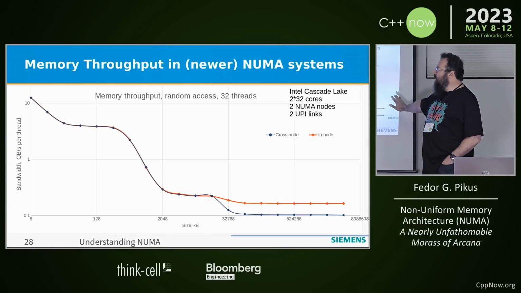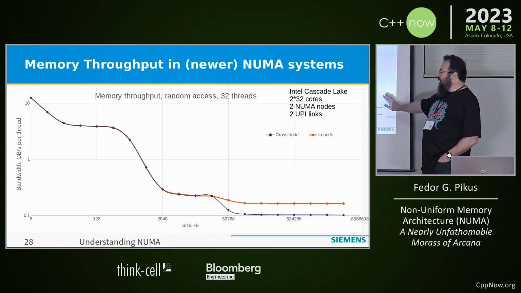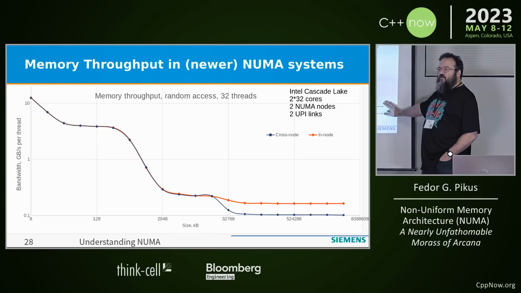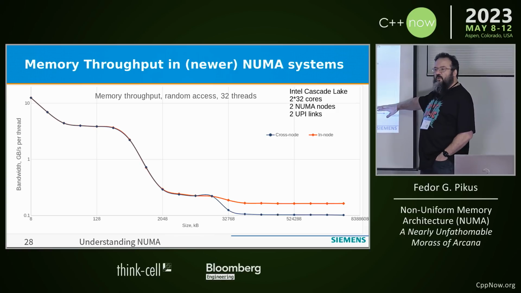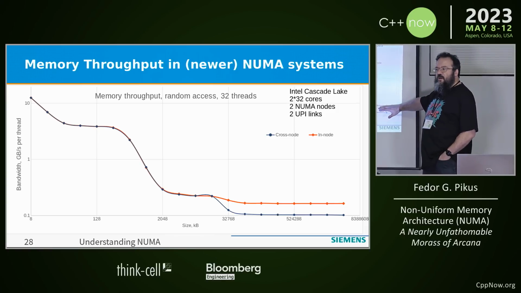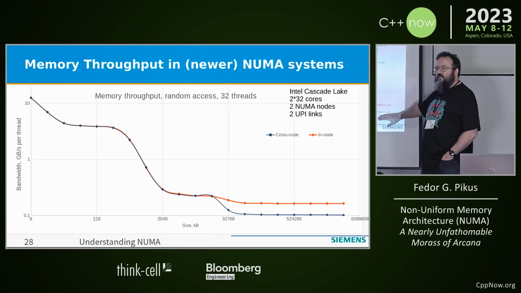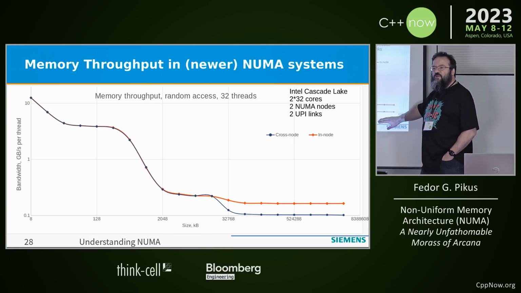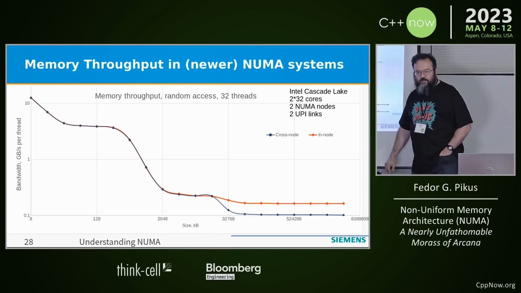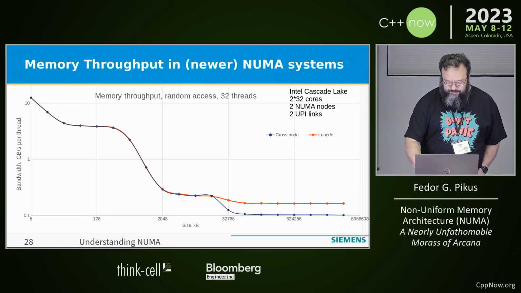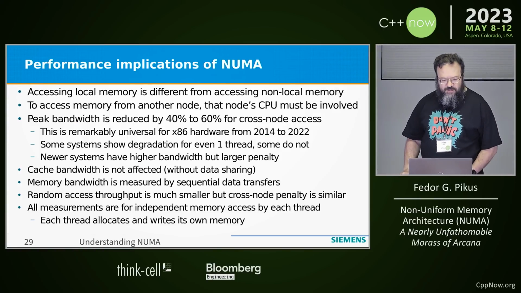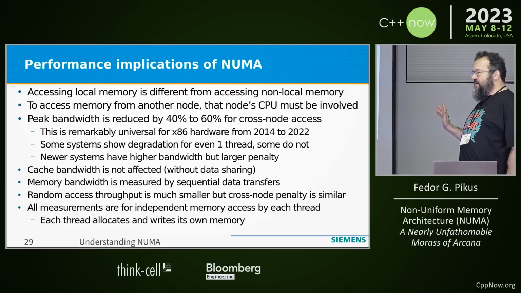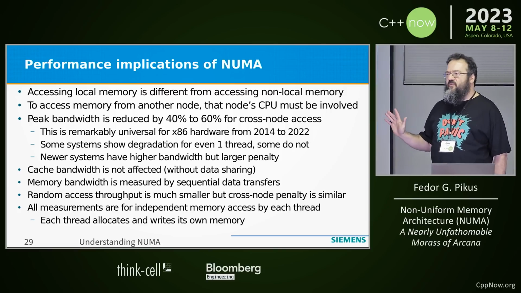Okay, so now, if you're doing a lot of random access, of course, you're overall much slower. You're more likely to be memory bound. But you're also much more sensitive to the memory location with regard to NUMA nodes. Okay, but that's also fairly straightforward.